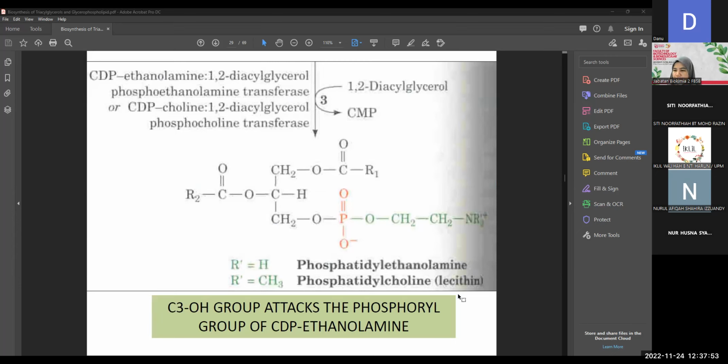Now we get phosphatidylethanolamine and also phosphatidylcholine. So there are 3 steps involved in the biosynthesis of phosphatidylethanolamine or phosphatidylcholine.